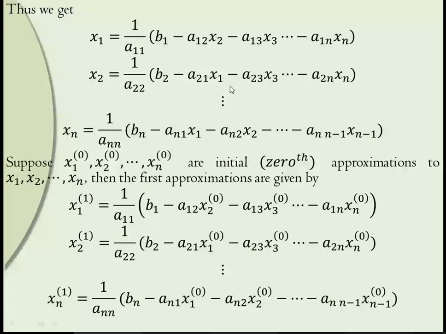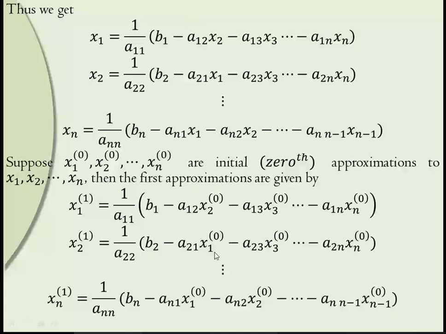Okay, so what we have done, from the system of equations, firstly we get the equations for x1 to xn. How do we get the equations? We get x1, taking all the remaining terms on the other side, x2, taking the remaining terms on the other side, up to xn, remaining terms on the other side. Then we take all the terms on the right hand side and assume that as the zeroth approximation.